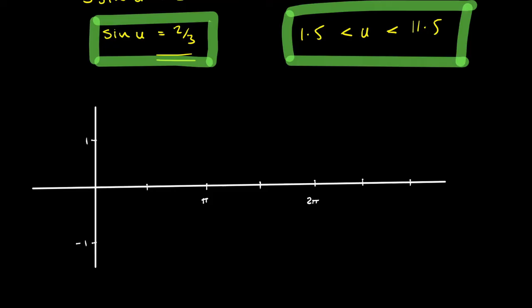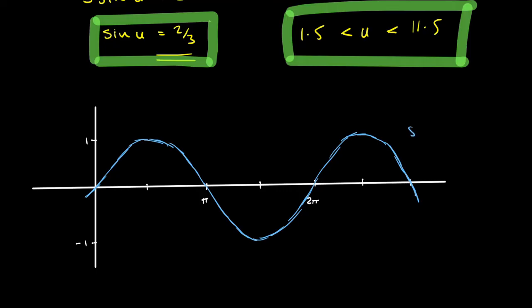And so the entire wave is going to look something like that. Goes up, comes down, goes down like that, comes back up, comes back down, and so on. So that's what it looks like. That's the graph of sine u.